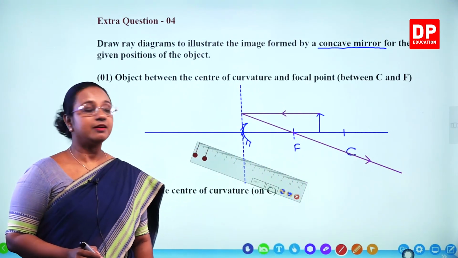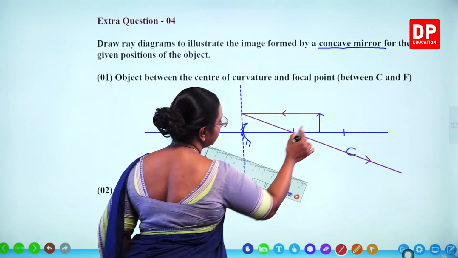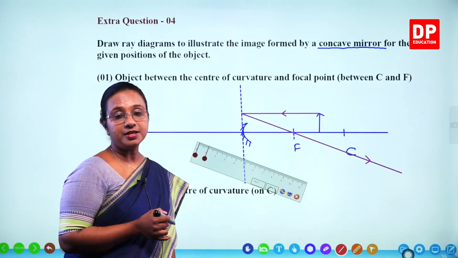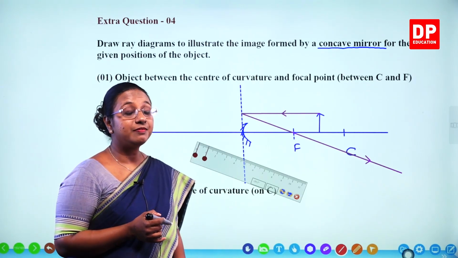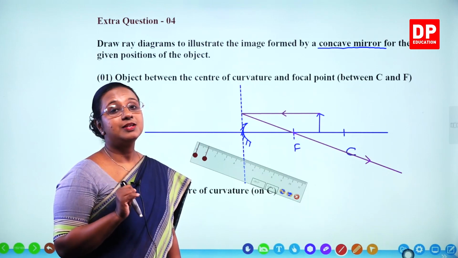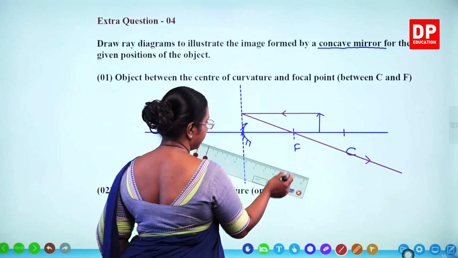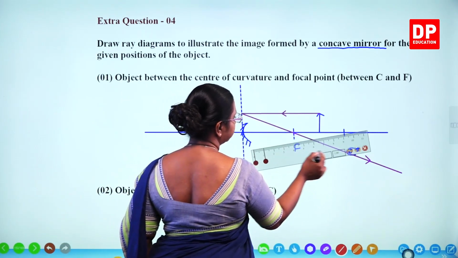Then I will take a ray that is coming through the focal point, so that it will reflect parallel to the principal axis.